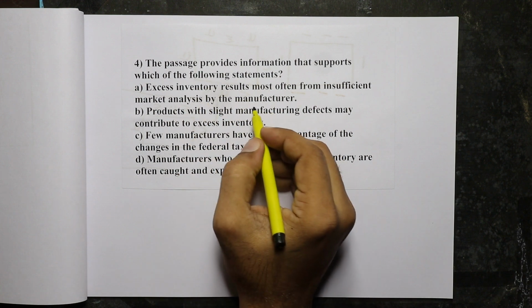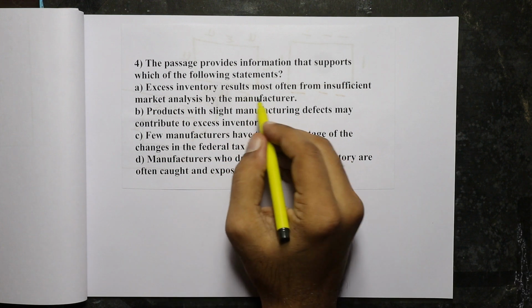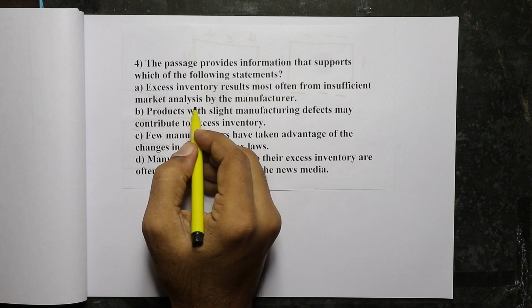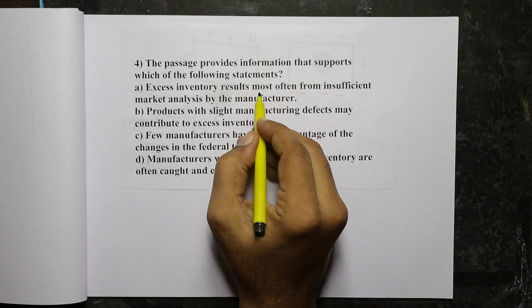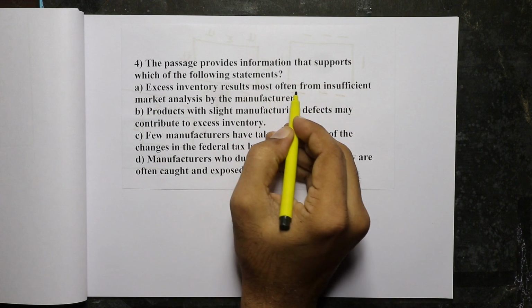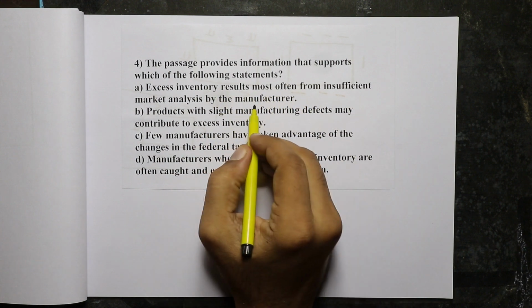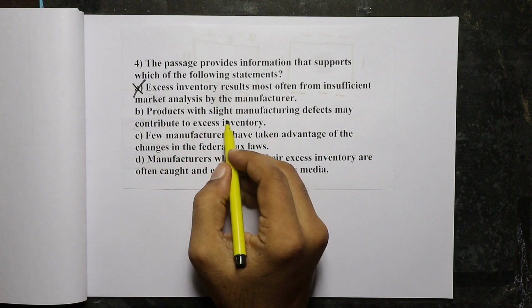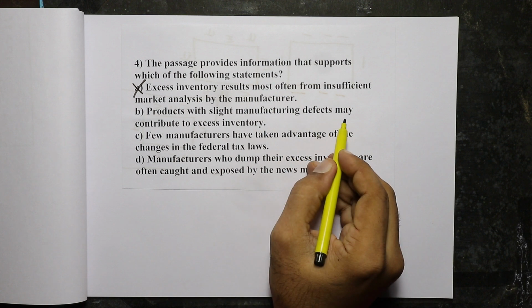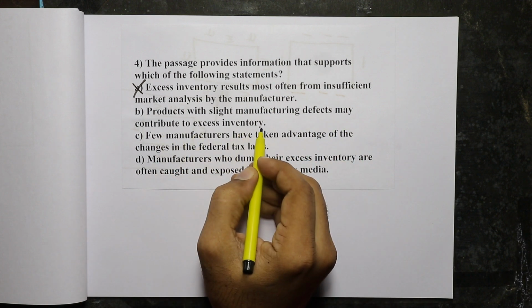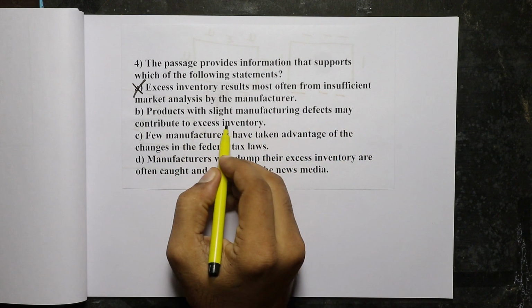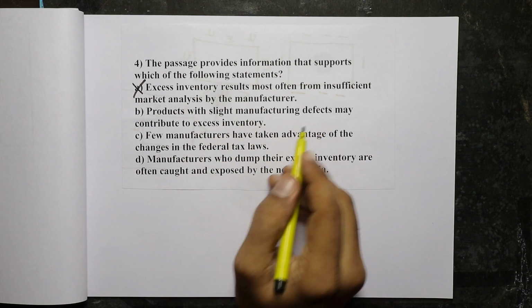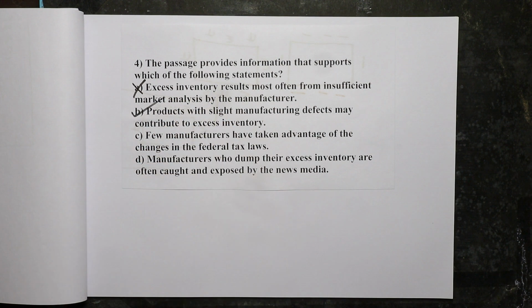Overproduction or errors or slight defects, many reasons are there. One among the many reasons is insufficient market analysis. But saying that most often this is the reason is wrong. So A is wrong. Products with slight manufacturing defects may contribute to excess inventory. Yes, that is clearly mentioned. One reason could be slight manufacturing defects. So B is the right answer.